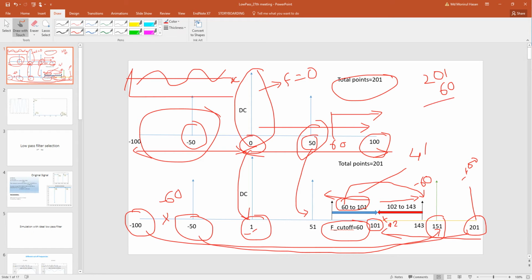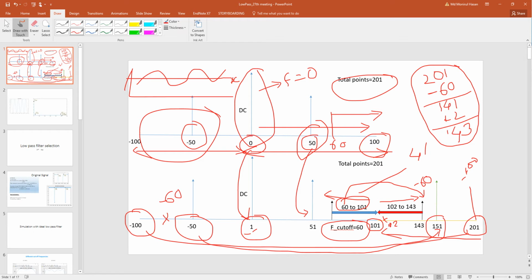So 101, if you minus 60, then you will find 141. To get 143, if I generalize things, we can add 2, and then you will find the starting points. You can use this rule later on for all the calculations.